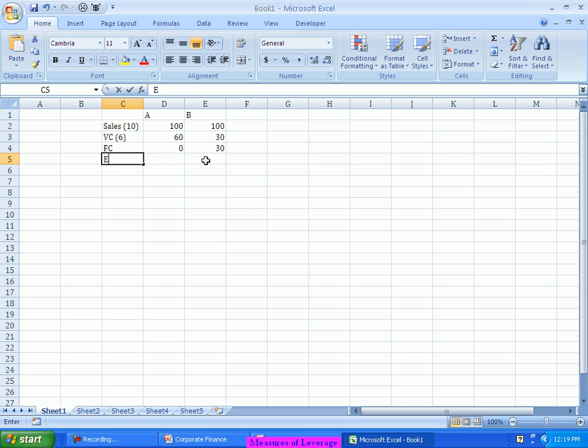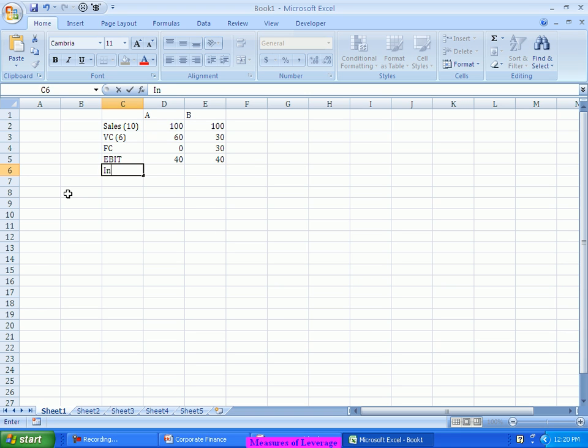So if I say profit before interest and tax, for both of them it is 40 only, right? For both of them this is 40 itself, profit before interest and tax. Now let's say this company doesn't have any loan, right? No loan.